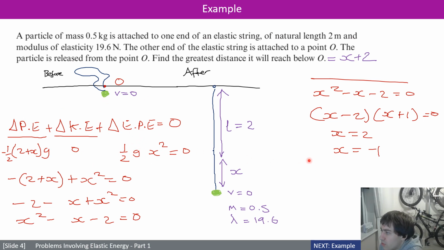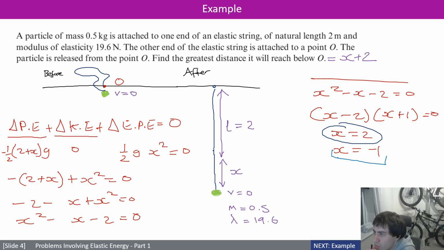Now it's always interesting to think about why we get multiple solutions and why some of them might be invalid. Now hopefully it's obvious to us that we're going to go with the 2. But let's just ask ourselves for a moment, why are we getting an unnecessary solution?